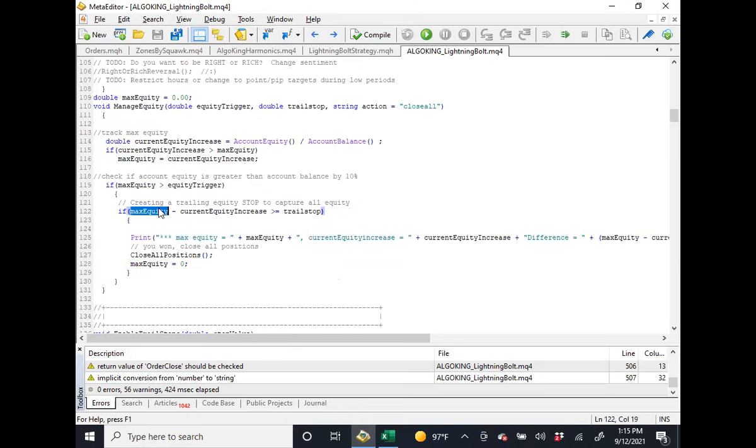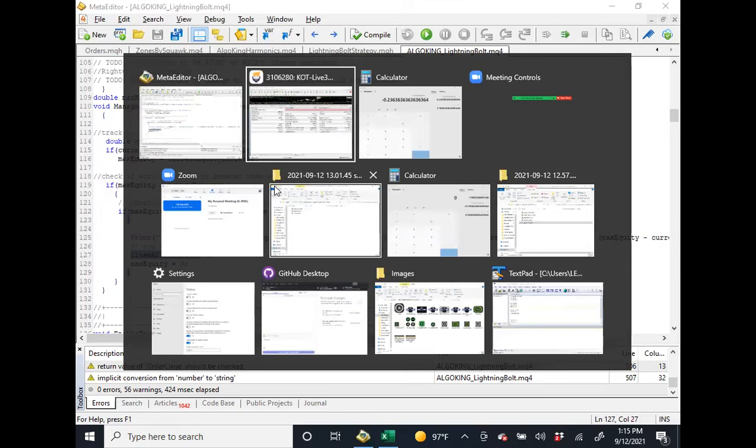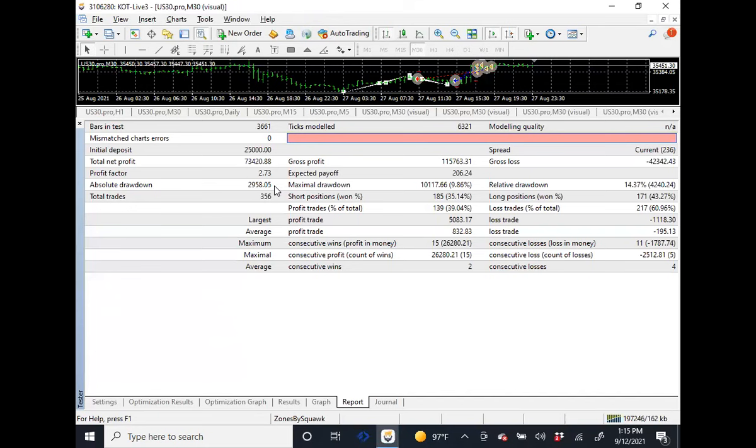I then calculate and I look to see if I create a trailing stop, and I look to see if the difference between my current equity and the max equity is greater than my 3%. And if it is, I simply just close all my positions. And there you have it. There is the logic for a max equity play.